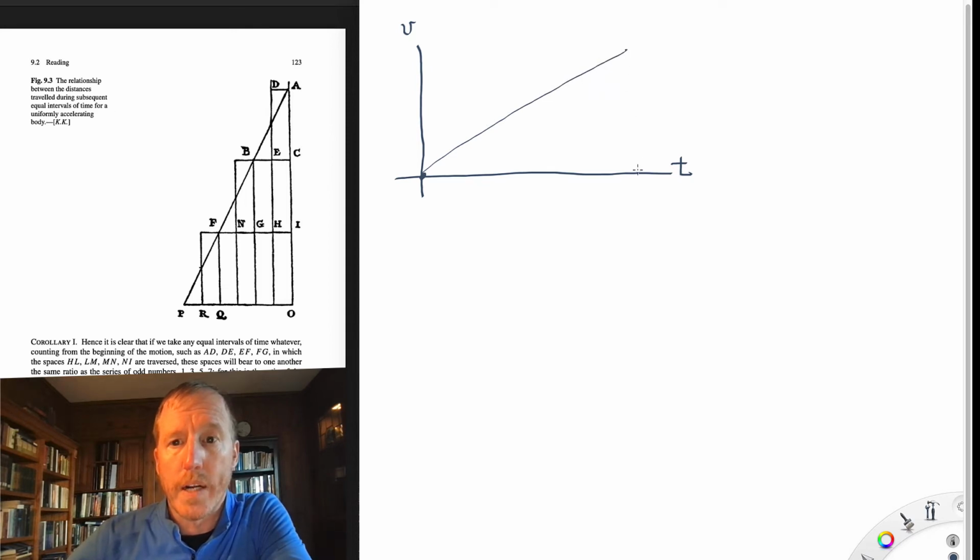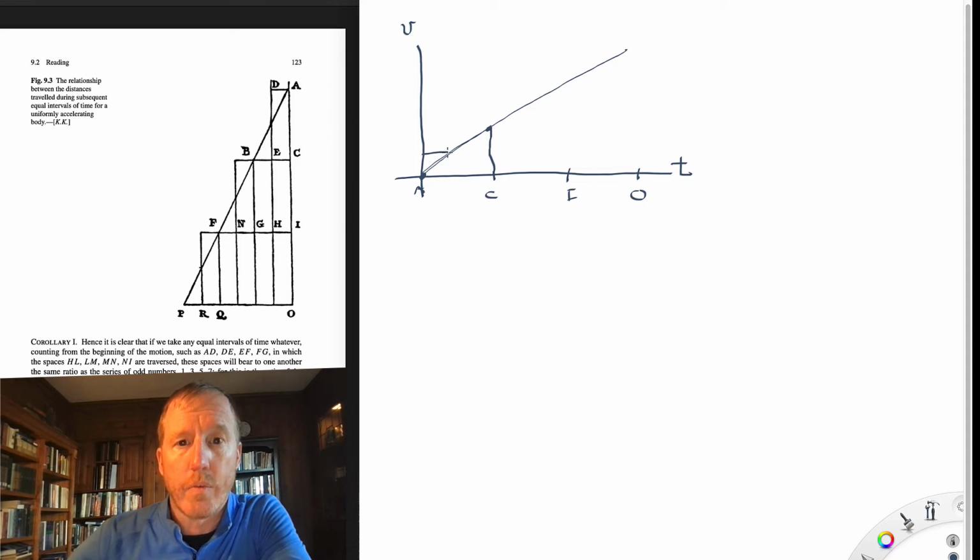So if we were to break the time into 3 different moments, so this would be time A, time C, time I, and time O, then after a given period of time AC, the velocity will have gone up to this value right here.